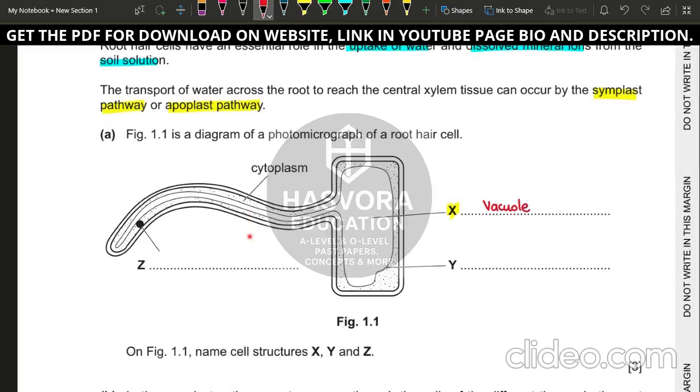Then for Y, this is the layer that is actually encapsulating the vacuole, and this is what we call the tonoplast that layers the vacuole contents, like the sap vacuole, which contains the amino acids, the carbohydrates. So it actually layers it. Then for the Z, we can clearly see this is the nucleus. Okay, so this is your nucleus.